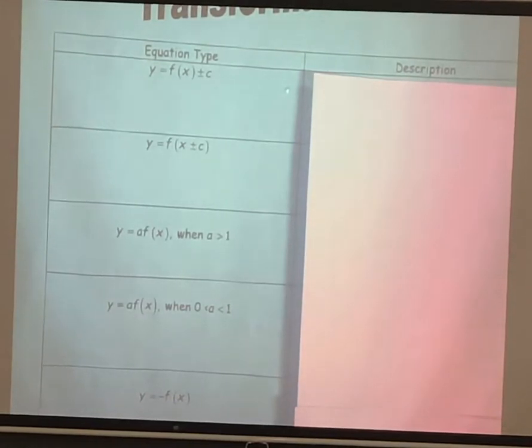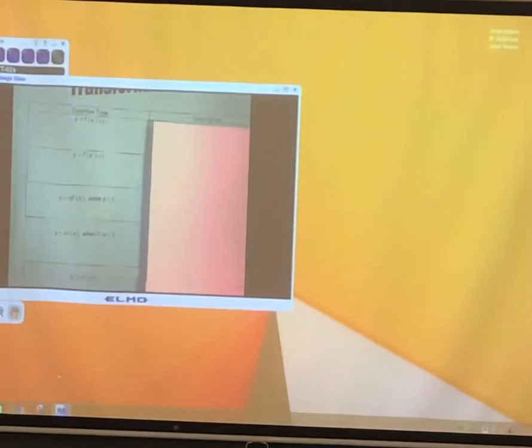What did you notice? The y-intercept becomes the value of c. Okay, so if it was a plus, the curve moved up the y-axis to that point. I know you've got your packets there, but I've got Desmos called up. We can look at it.